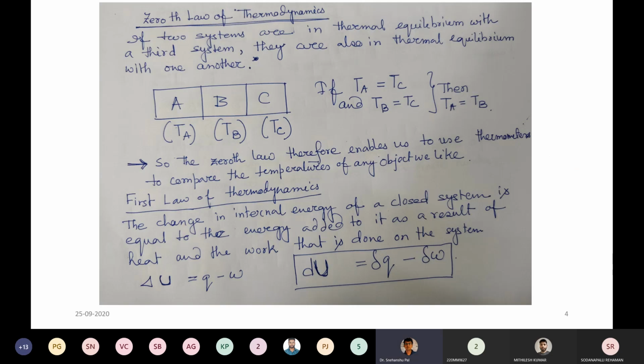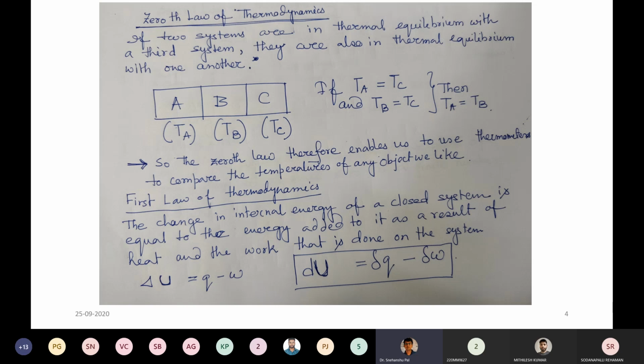Now we'll introduce the Zeroth Law of Thermodynamics. It talks about thermal equilibrium.